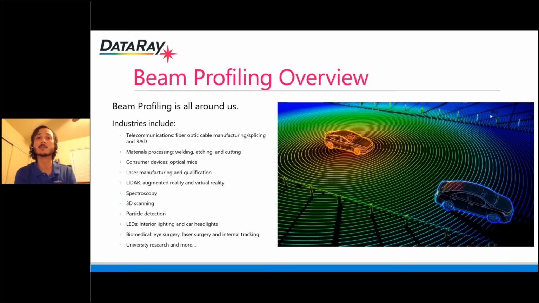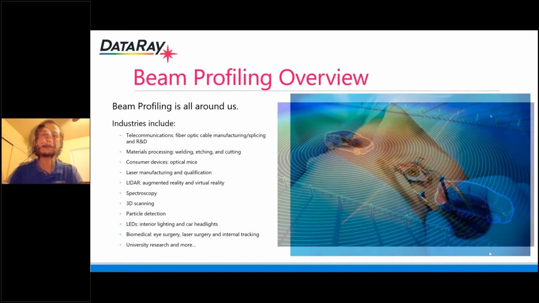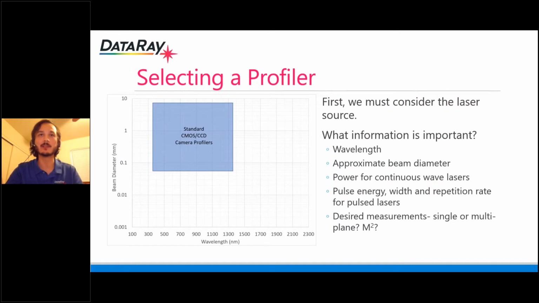We also have spectroscopy and 3D scanning, particle detection, LEDs, whether it be from interior lighting and car headlights, as well as biomedical applications such as eye surgery, laser surgery, and internal tracking.